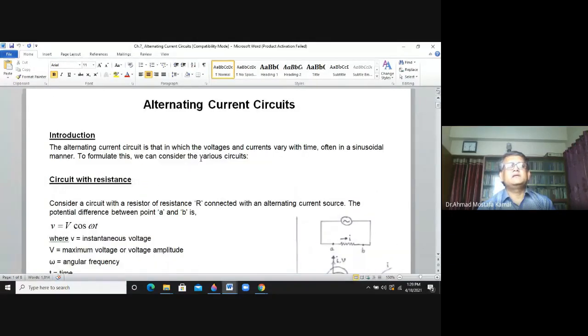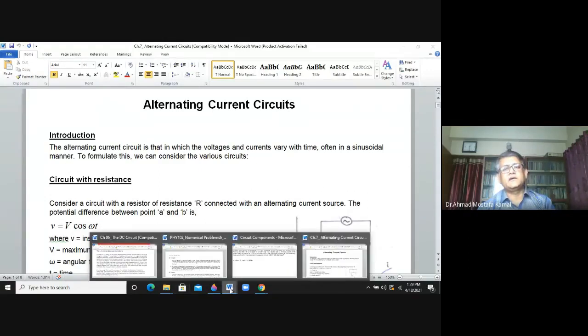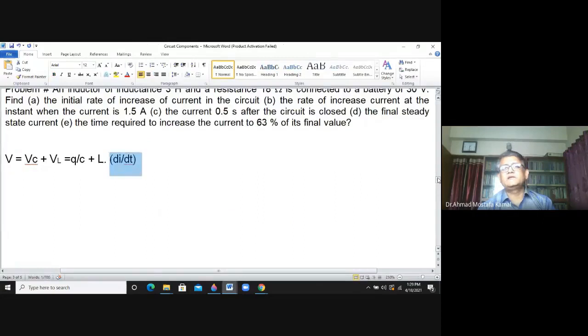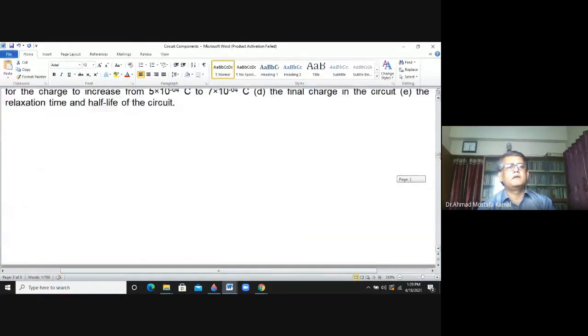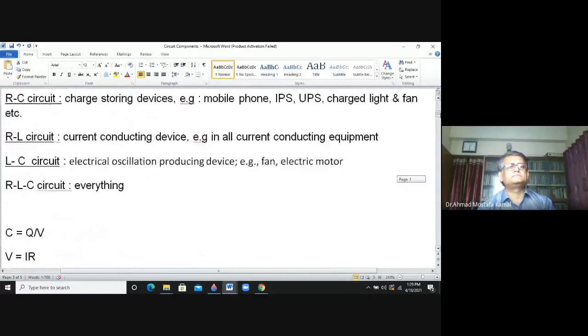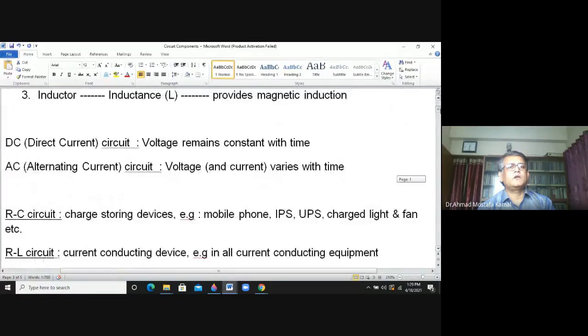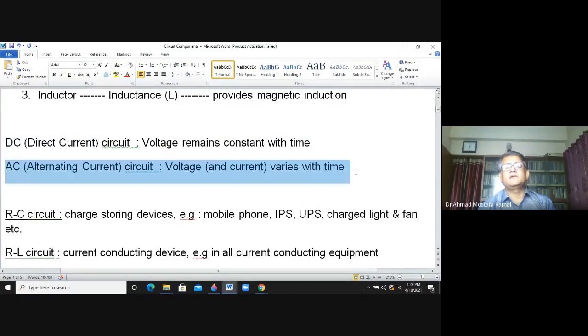What is it? It is the circuit where current and voltage both of them vary with the time. আমরা এটা আগেই ডিফাইন করেছি, when you start with this, this DC circuit voltage remains constant with time, AC circuit voltage and current varies with time. Okay, voltage varies with time, but in this case current is also variable.